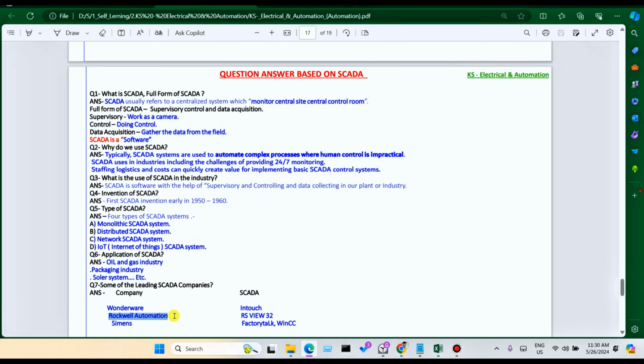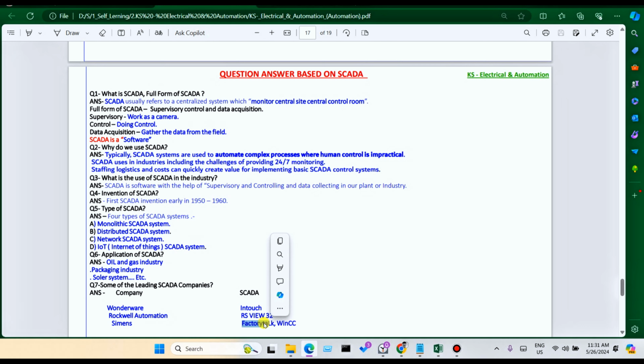That is a software of Rockwell Automation. And Siemens SCADA system is WinCC. Sorry, here it is FactoryTalk View Studio, the full name of FactoryTalk View.